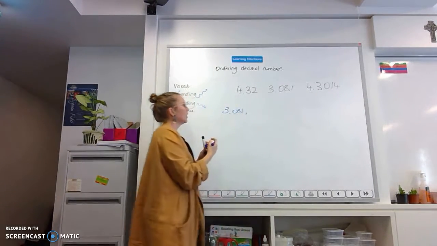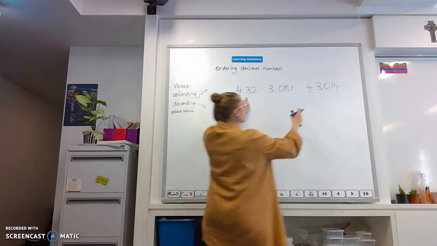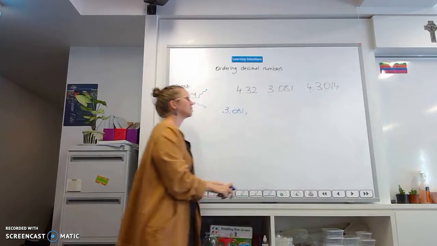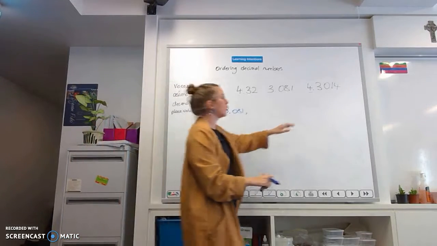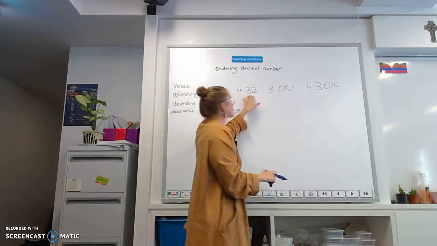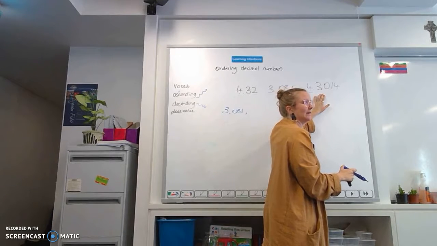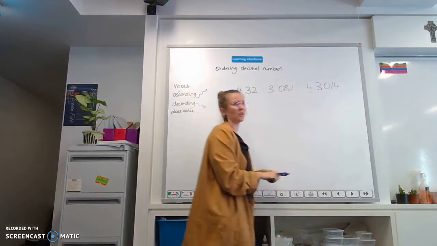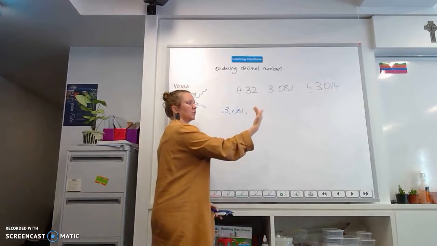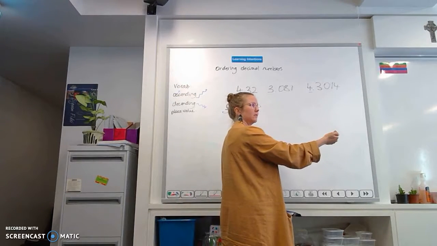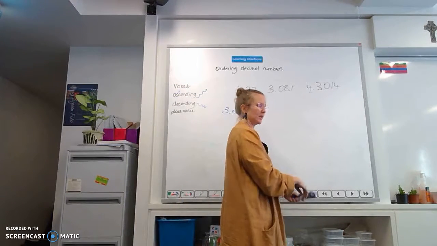Now I've got these 2 left. As I said, the biggest trap that you can fall into is thinking this has 4 decimal places, this has 2, so this one must be larger. That's not actually true. What you need to do is go through the place values in order until you work out which one is larger.